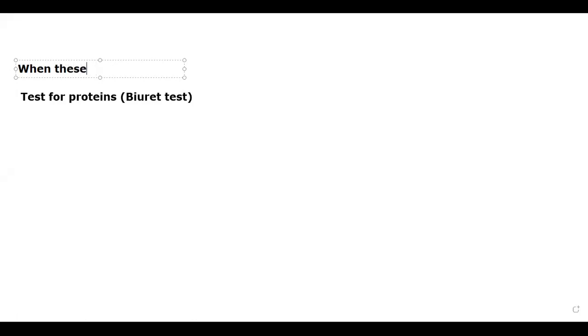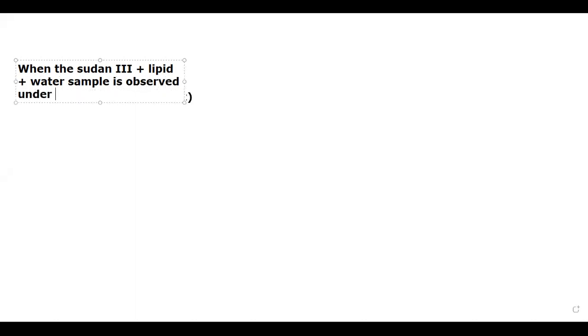So previous to the protein heading, when the Sudan III lipid plus water sample is observed under the microscope, right?